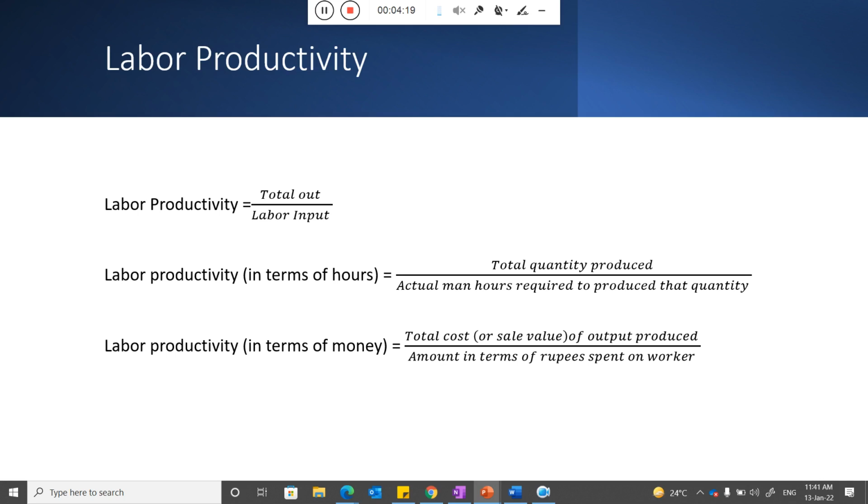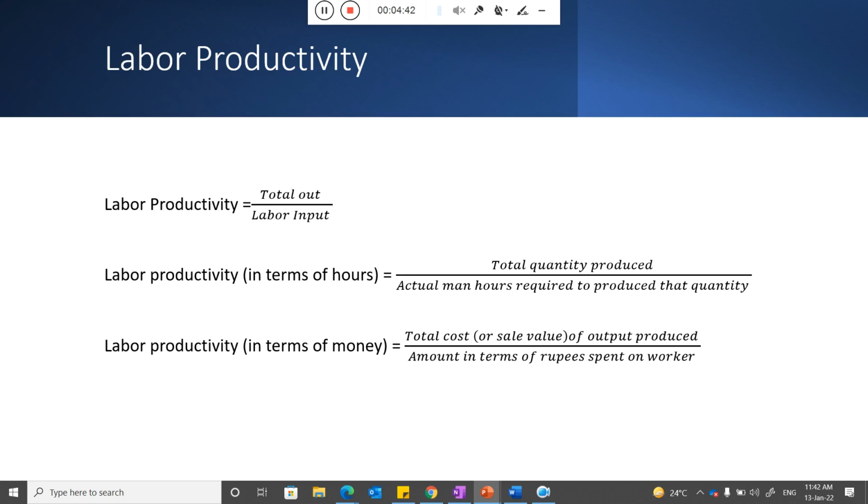That ratio tells you the labor productivity in terms of time. The next point is labor productivity in terms of money. Here you need to find the ratio between the total cost, or the sale value of the output produced.